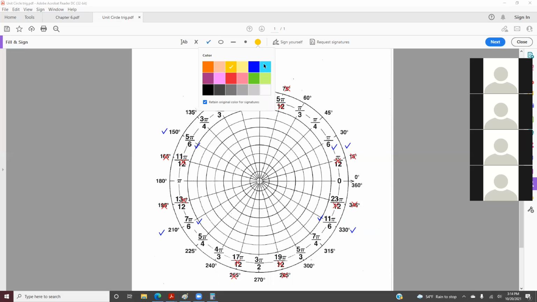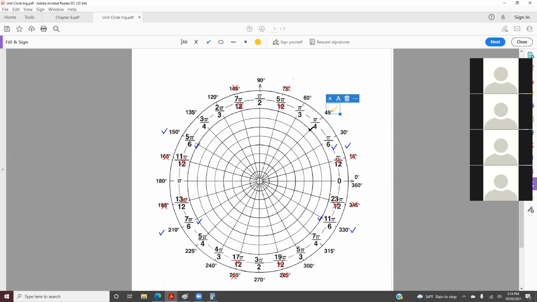If I ask for 45 degrees, then the reference angle will be over 4. So it will be 45 degrees, pi over 4, 135 degrees, 3 pi over 4, or 225 is 5 pi over 4, and 7 pi over 4, 315. So the yellow ones that you see, where I put the checkpoint, are the reference angles for 45 degrees.